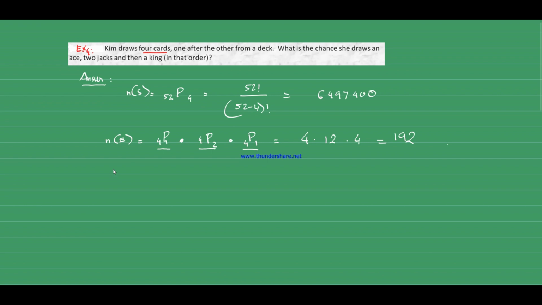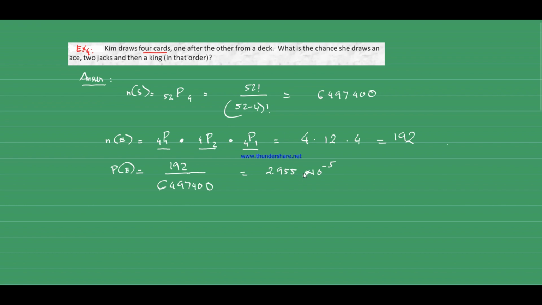Alright, so we can find the probability now. It's 192 over 6,497,400, which gives you 2.955 times 10 to the negative 5.